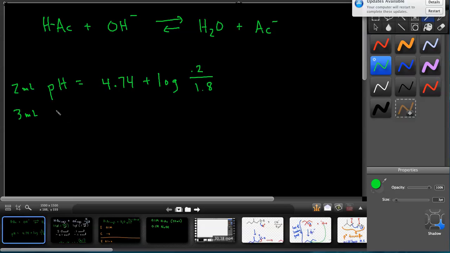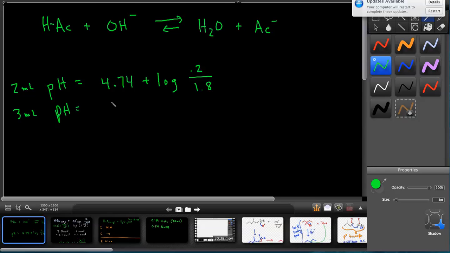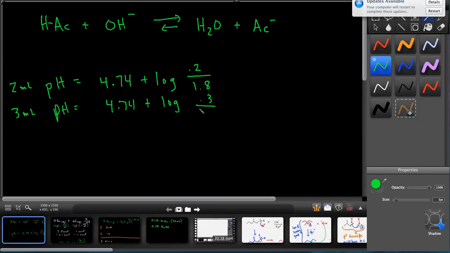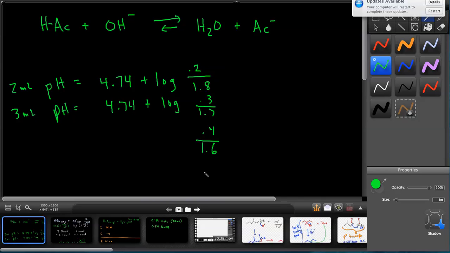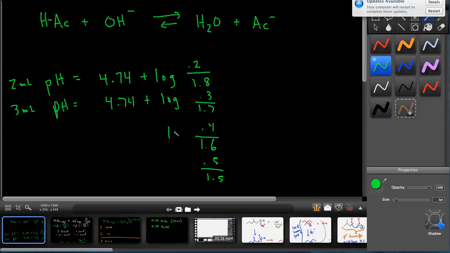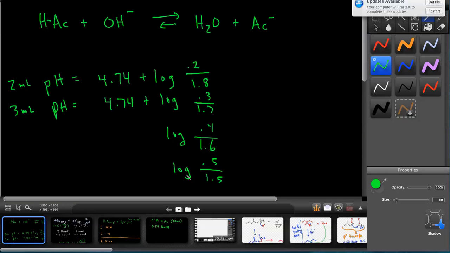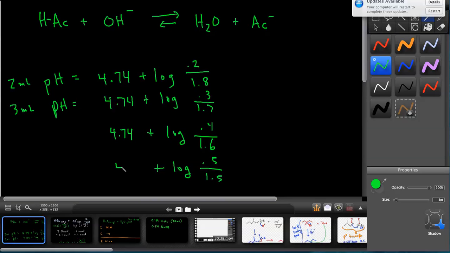After 3 milliliters, it's 4.74 plus the log of 0.3 over 1.7, and then 0.4 over 1.6, and then 0.5 over 1.5. Once this makes sense, my advice is not to do a new equilibrium expression every single time. It simply takes too much time.